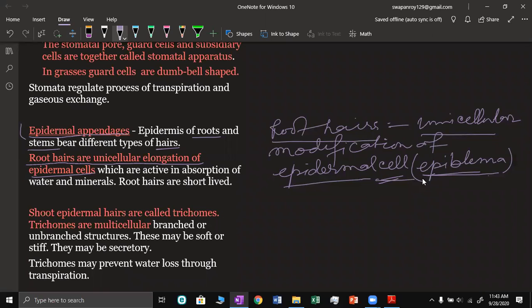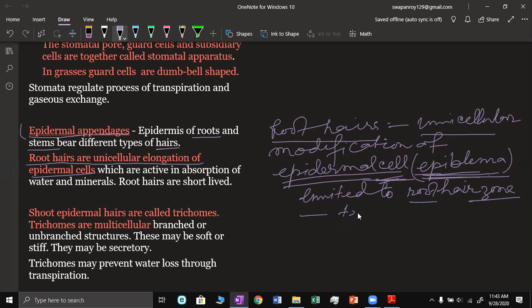They are limited to the root hair zone, and it is a temporary structure.